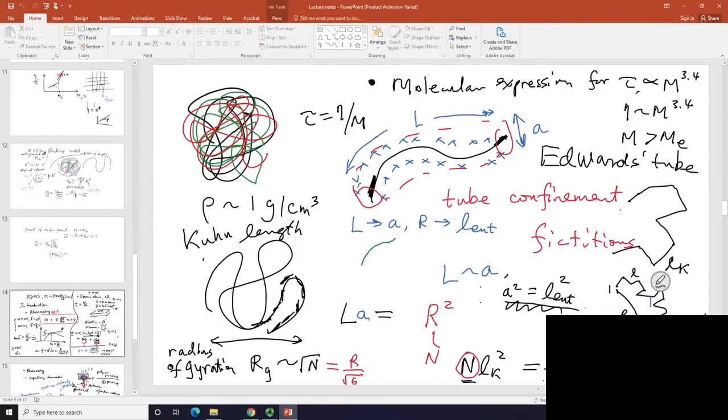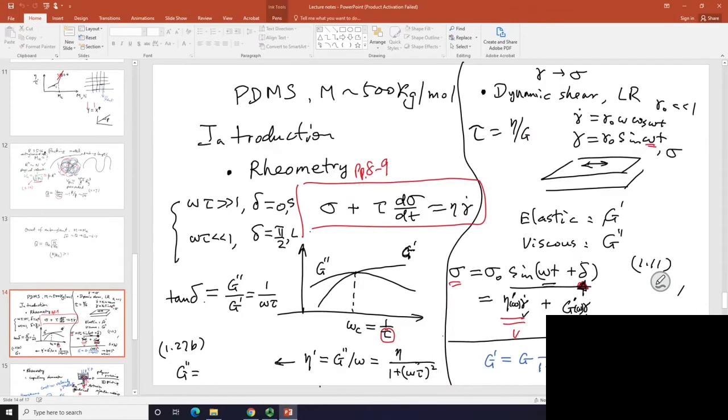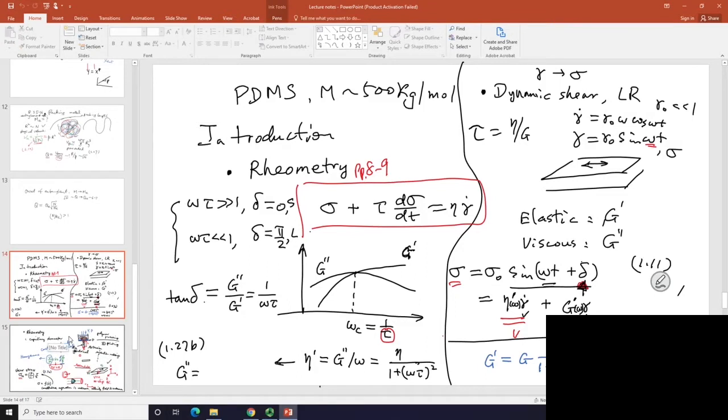After all this repetition was done, I started to realize that I should speak a little bit about oscillatory shear in terms of G prime, G double prime. I think with this makeup, everything we cover should be complete with regard to what is rheology.